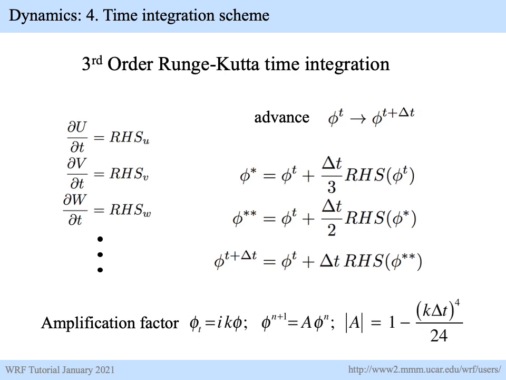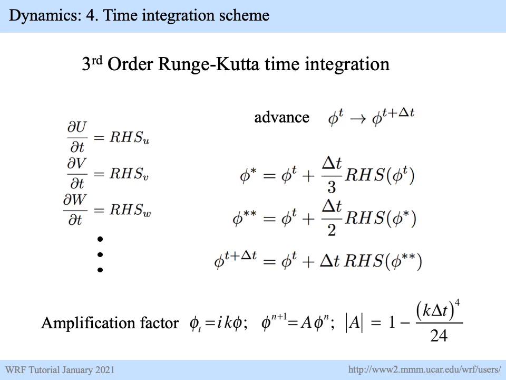If we look at a simple analysis of what this scheme does, for example, taking the oscillation equation, where it's written as the time derivative of phi is equal to ik phi, where k is a wave number, i is the imaginary square root of -1.